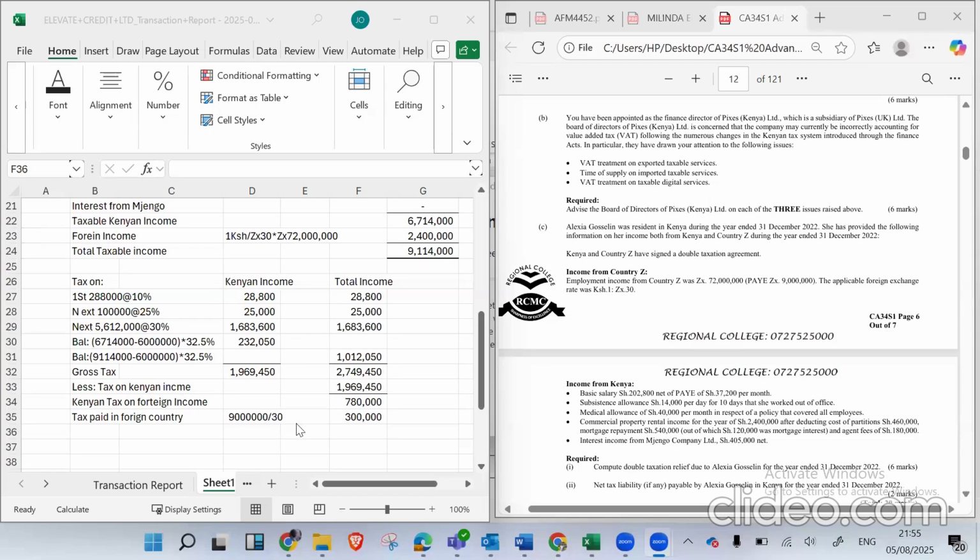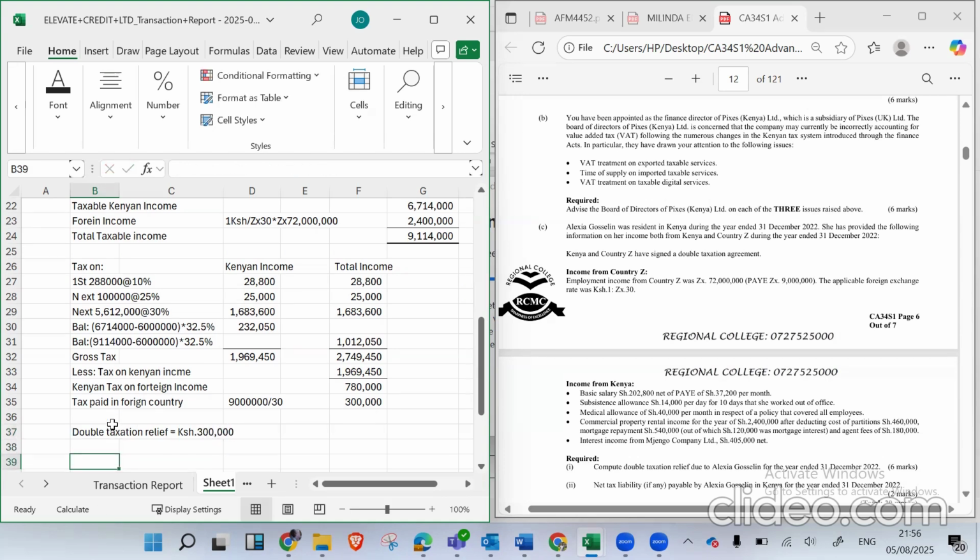Now, as we are saying, on that foreign income, you're supposed to pay tax of 780,000 in Kenya. But when you look at the tax you paid in foreign country, you paid 300,000. And only this explanation appreciates that there's a double taxation. So after analyzing that, we come back and tell him that now double taxation relief yenye walisema to calculate equals Kenya shillings 300,000.